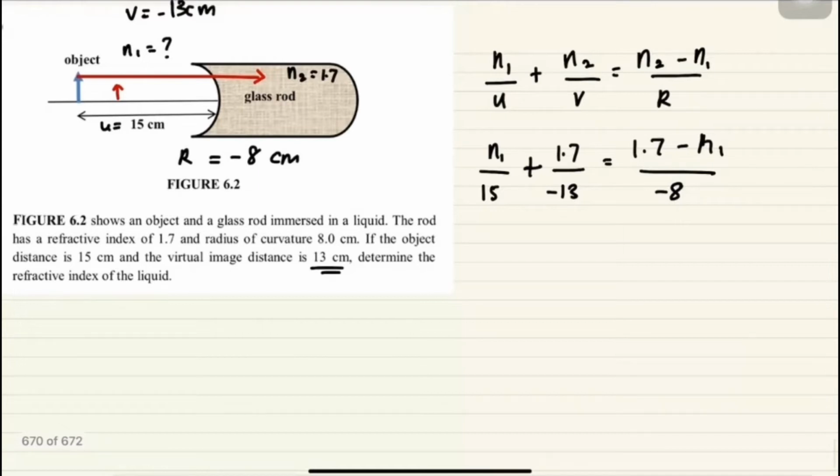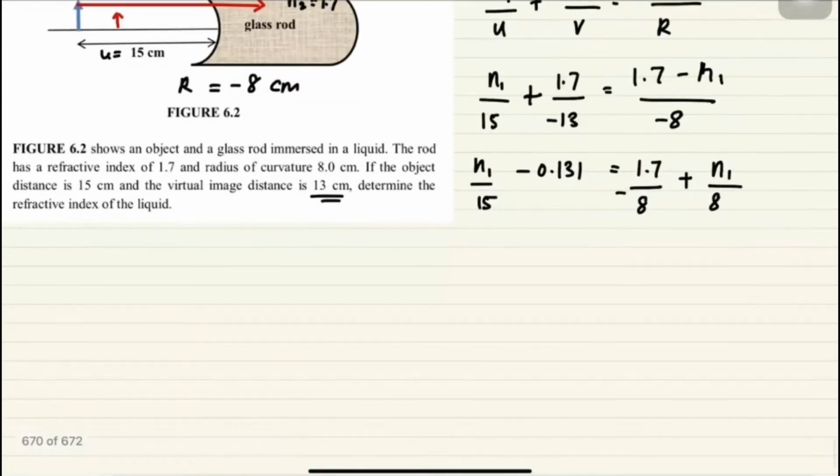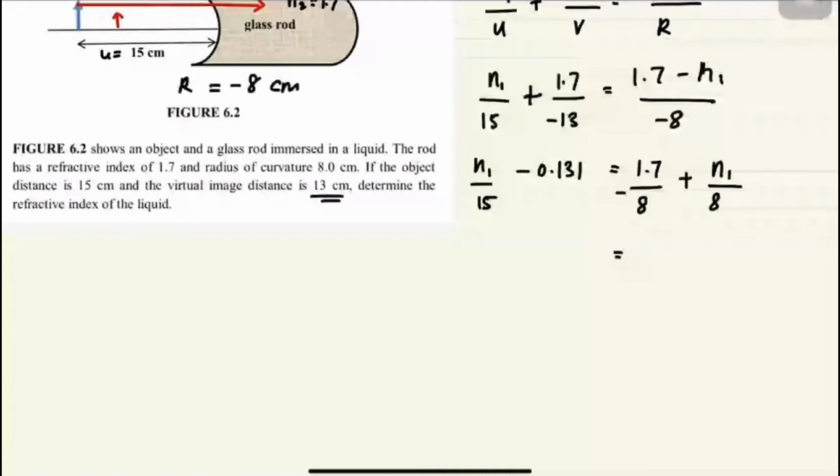You might have to solve this one by one. 1.7 divided by 13, you get negative 0.131. This one you can split: 1.7 over negative 8 plus N1 over positive 8. Is that right? Seems right. Tell me if I say it wrong. Then negative 1.7 divided by 8 is 0.2125.